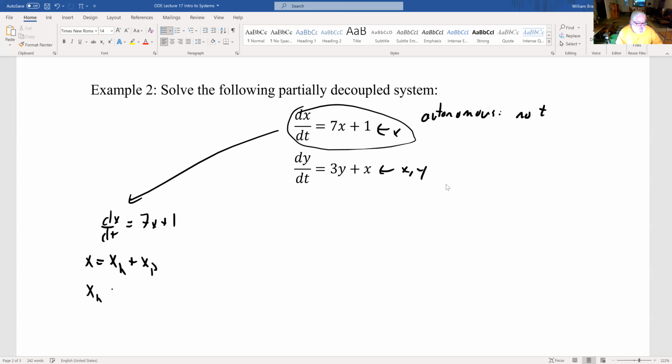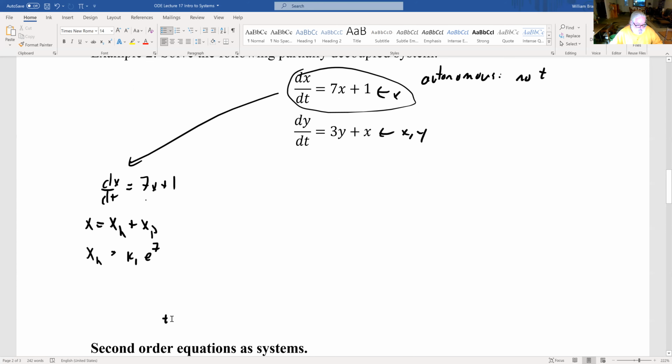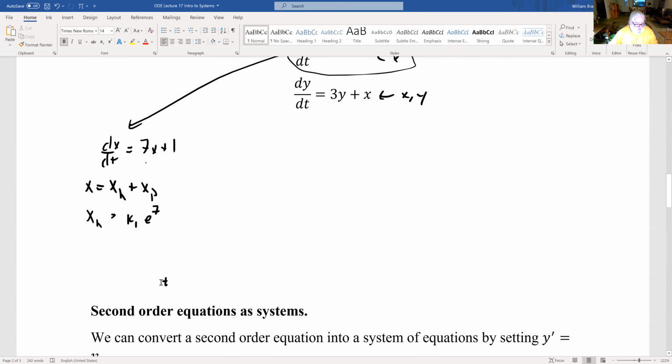The homogeneous solution, since this is 7x, will be k1 e to the 7t. The guess, since I have a 1 there, is... whoa, that's not right. Why did my t come down here? Let's put that t back up where it belongs.